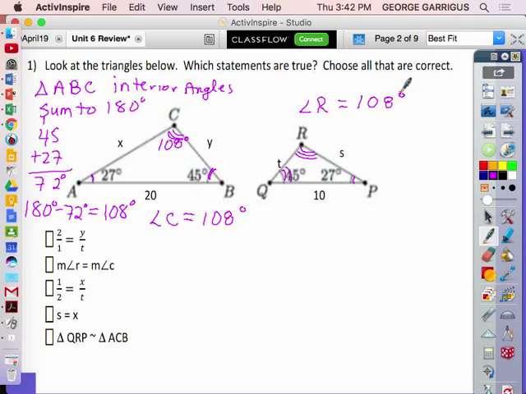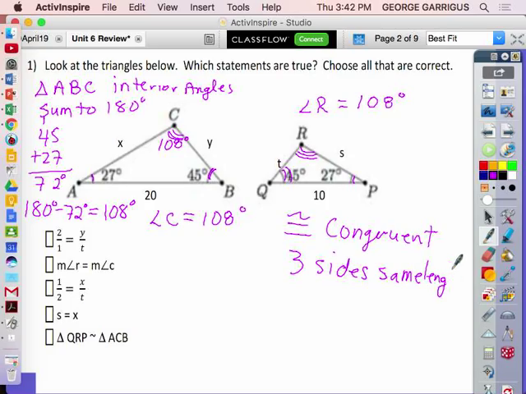Now, these are not the same size. For the triangles to be congruent, all three sides have to be the same length, and the three angles have to be the same measure.